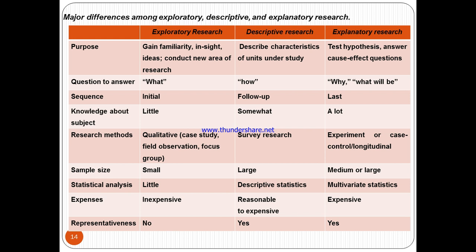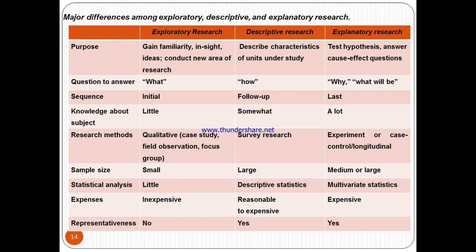And the other one is sample size. Since it is exploratory, we take a small sample size. In the case of descriptive research, since its aim is describing in terms of magnitude, we must use a larger sample size. In explanatory research, we can use medium to larger.